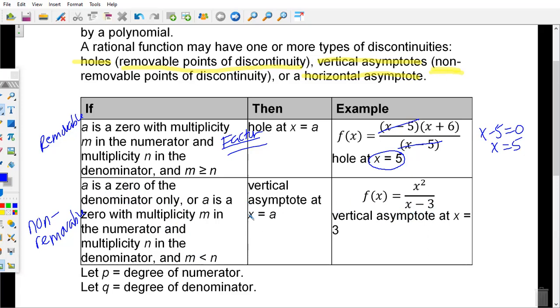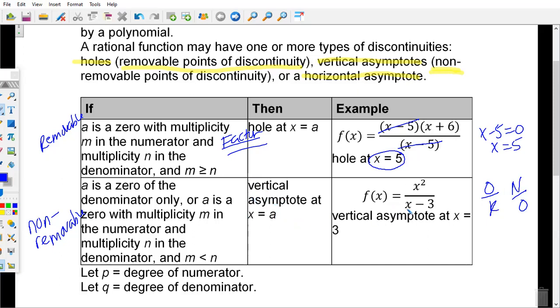That's the main thing: if there is something left in the denominator, because our denominator can't be 0. Remember, your denominator can't be 0. It is okay for 0 to be in the numerator, but it is a no-go for 0 to be in the denominator. That's where our asymptotes come from. That's how you get a vertical asymptote.